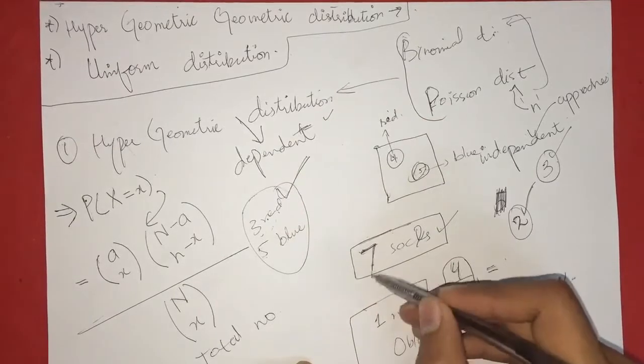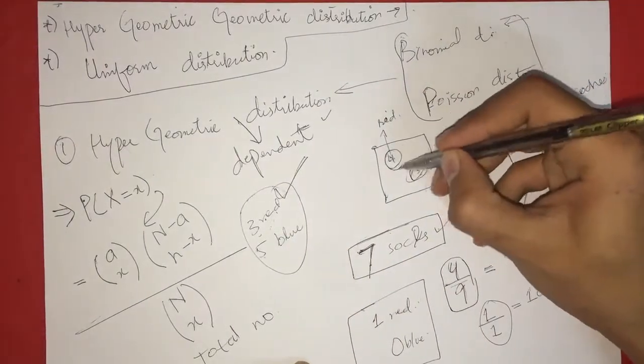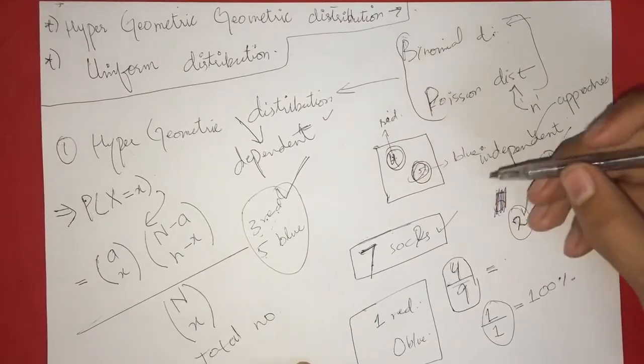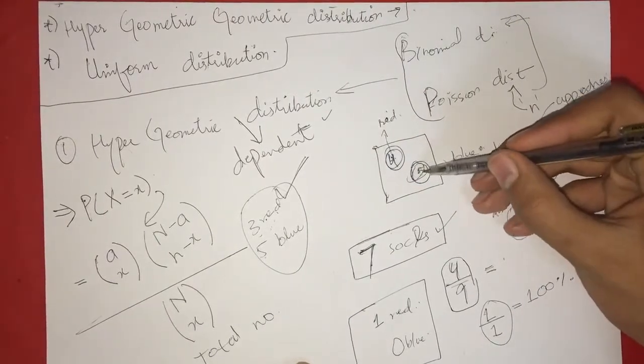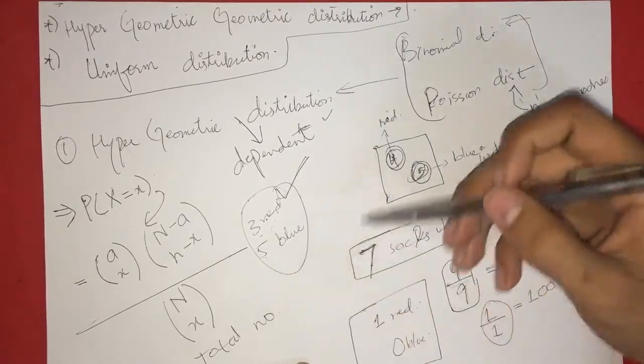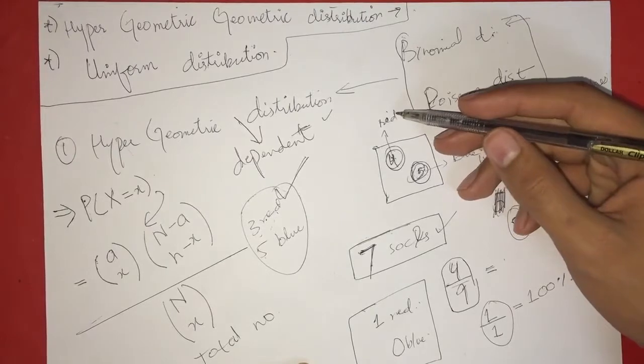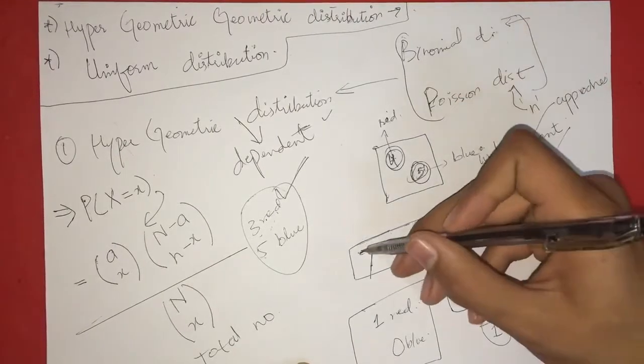So we have a sample of 7 socks, and you have 4 red socks in the population and 5 blue socks. The total number of successes here, for example, is the number of red socks, and the total sample is 7.